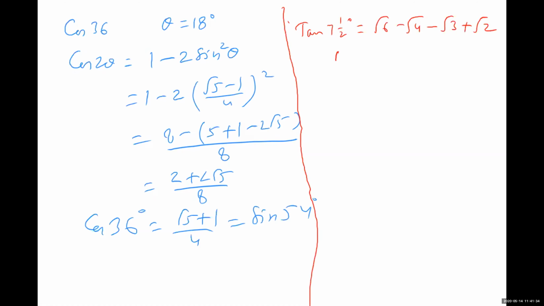So here let us take theta is equal to 7.5. So 2 theta is equal to 15 degree. So we can also find sin 7.5 and cos 7.5, and then we can simplify.